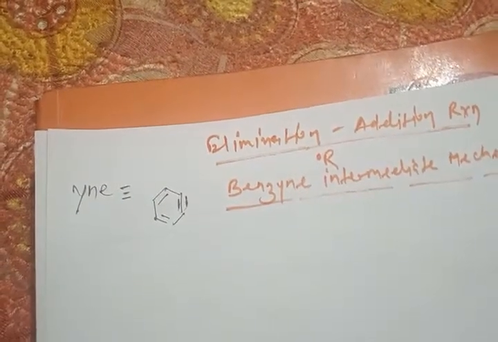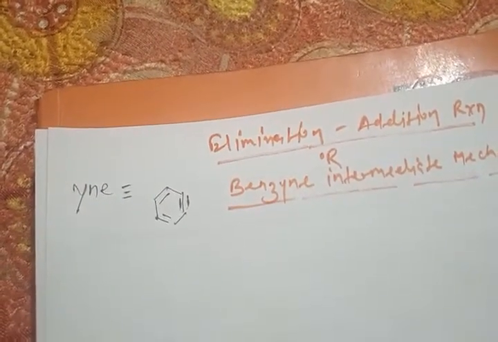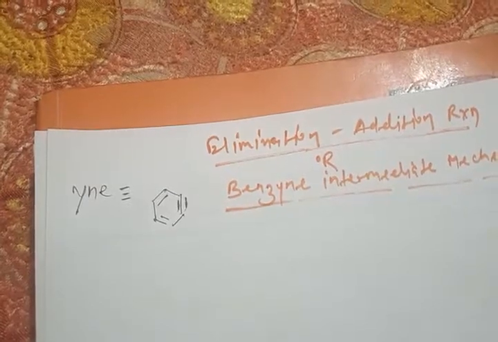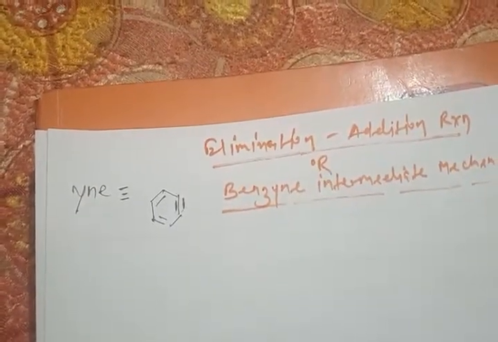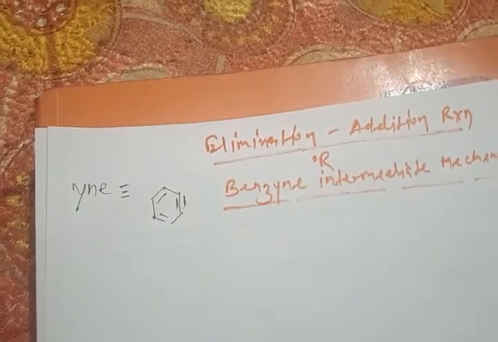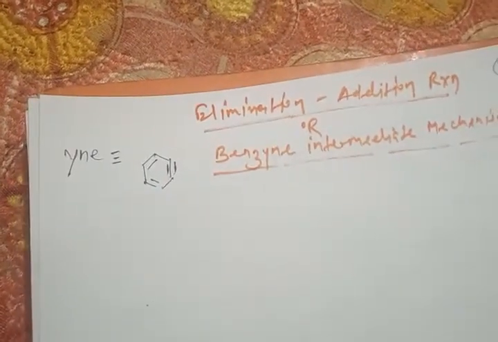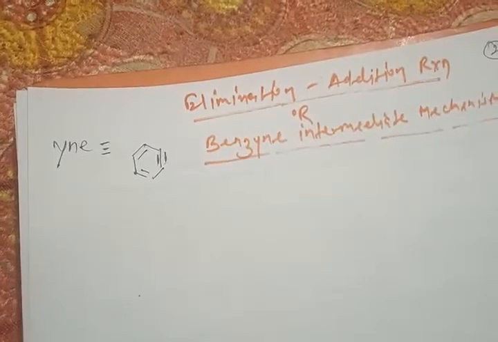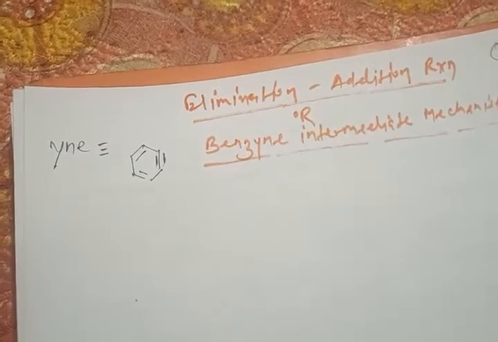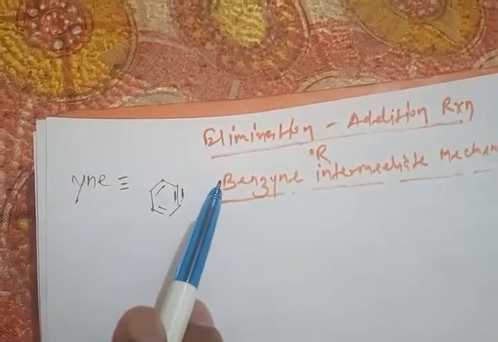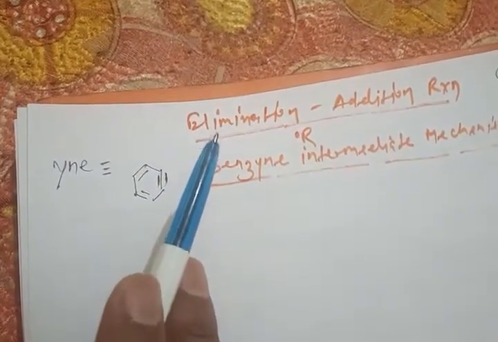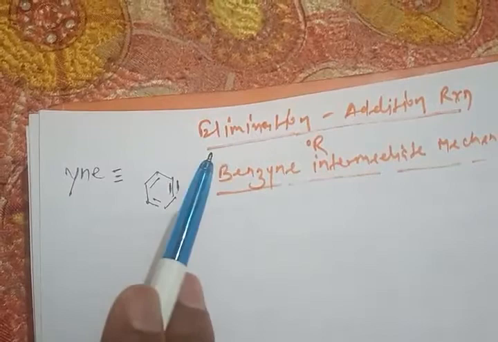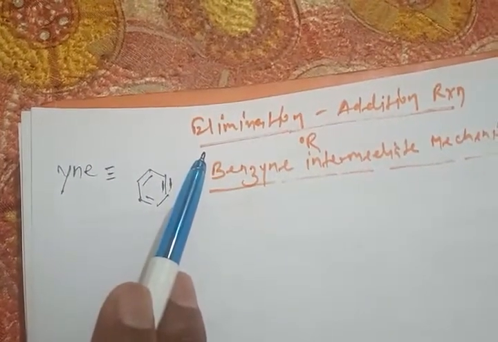Well, we all know that in chlorobenzene reactivity is very less and certain electron withdrawing group is required. But this mechanism allows you to go for the reaction of chlorobenzene without presence of any electron withdrawing group.